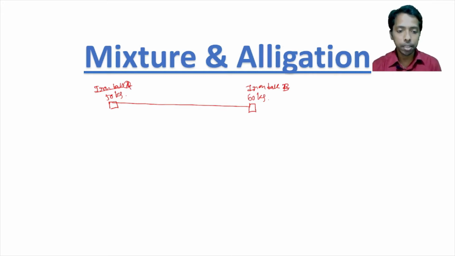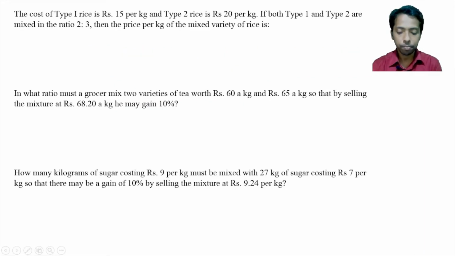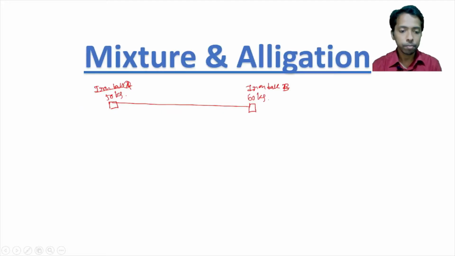Now this is 50 kg in weight, this is 60 kg in weight. If I say that here is only one ball, and here the number of balls is 1 and here the number of balls is 2.